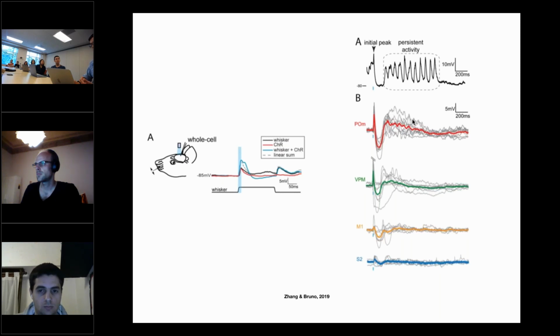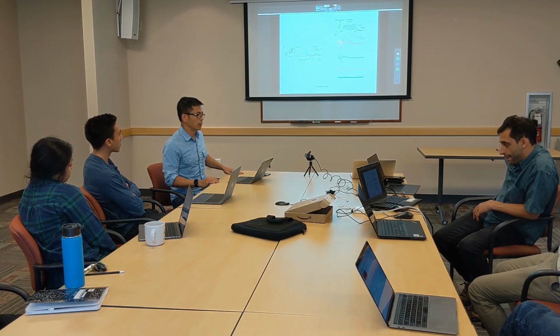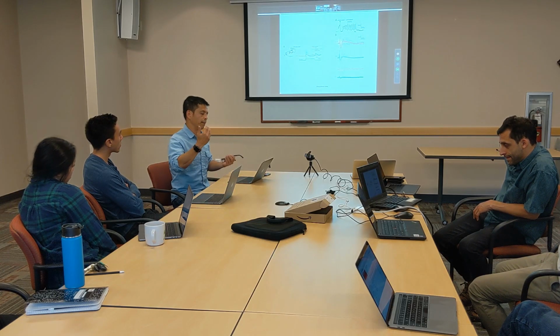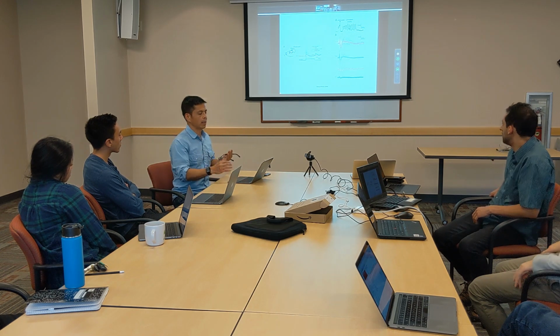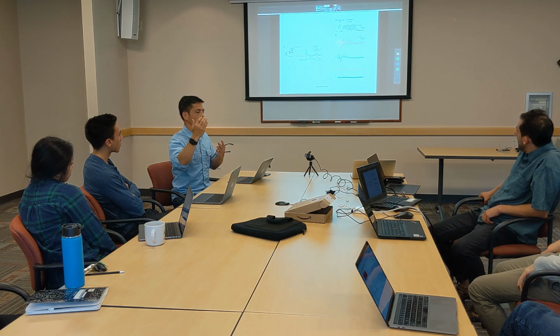These little gray traces are just individual parameters firing multiple times and averaged, and then this is the population average. So you can see this is, they say, in the alpha beta frequency. So then they trace it back: is it something that's happening at the dendrites?